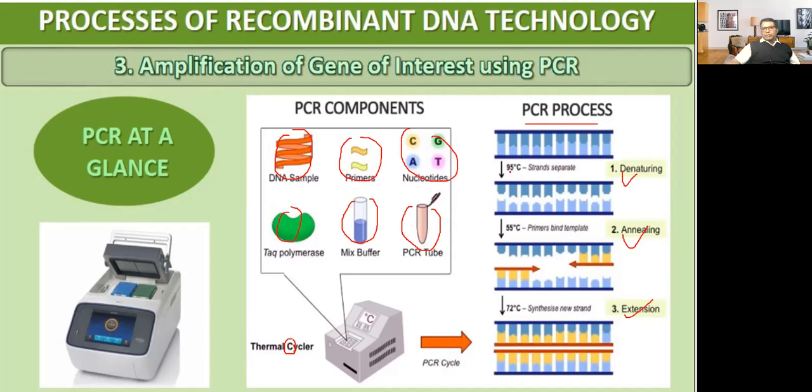Denaturation takes place at 95 degrees Celsius, so the strands separate. Then at 55 degrees, primers bind the templates. Then at 72 degrees Celsius, synthesis of the new strand takes place. That is called extension. This is all about PCR.